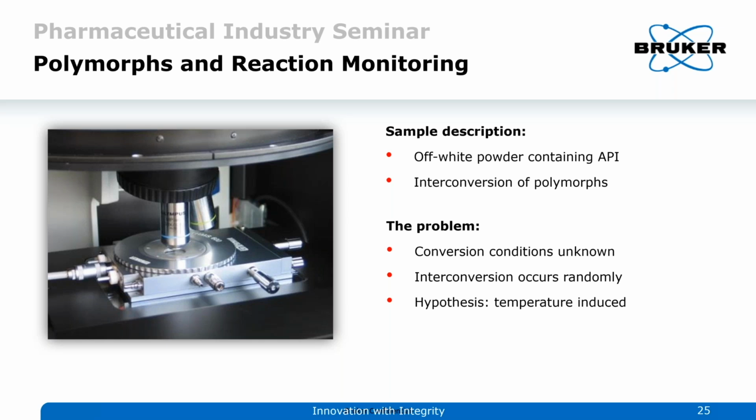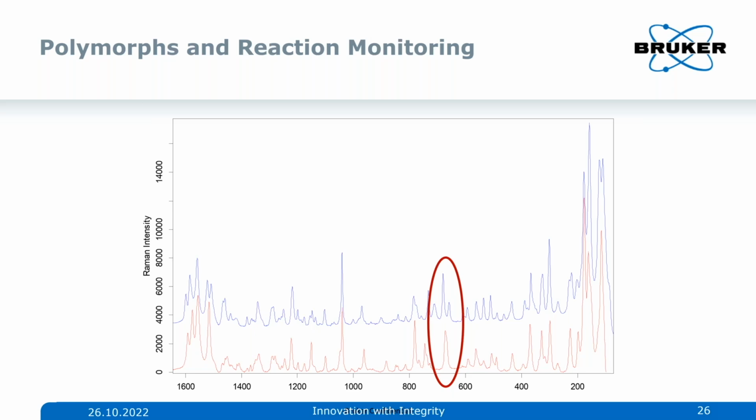So in this example, I'm just using a white powder, and we're going to look at a time resolved study. We're going to look at this band that's at around 680, and again, we're doing this by Raman for this example.